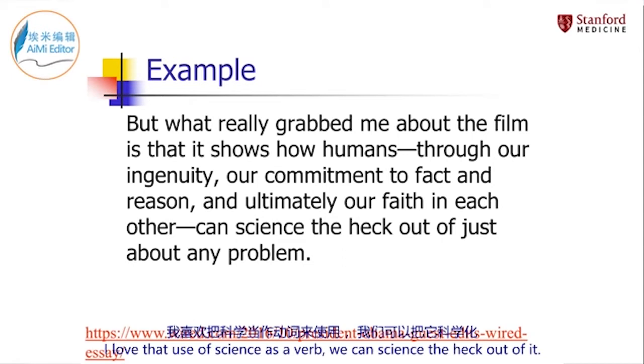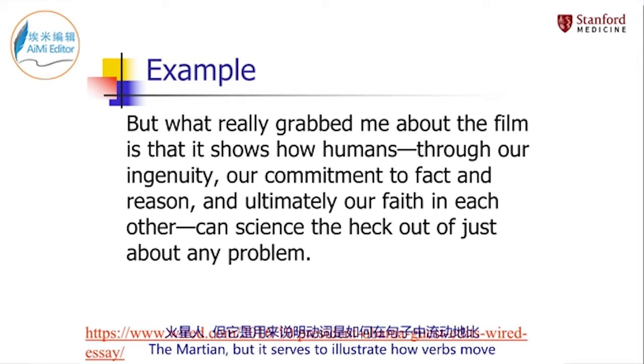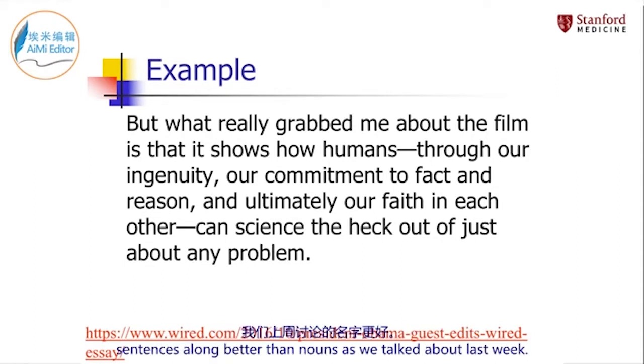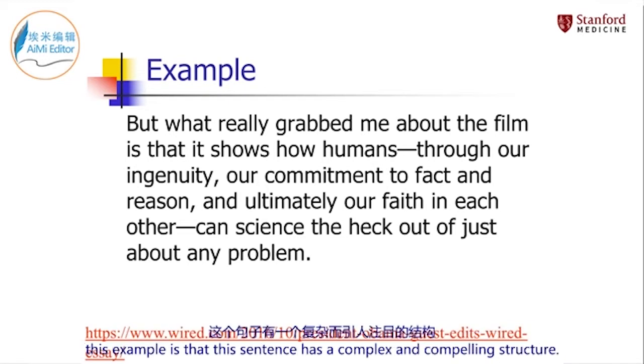We can science the heck out of it. Obama actually borrowed that usage from the movie he's referring to here, The Martian. But it serves to illustrate how verbs move sentences along better than nouns, as we talked about last week. And besides that cute use of science as a verb, the other reason I'm showing you this example is that this sentence has a complex and compelling structure.